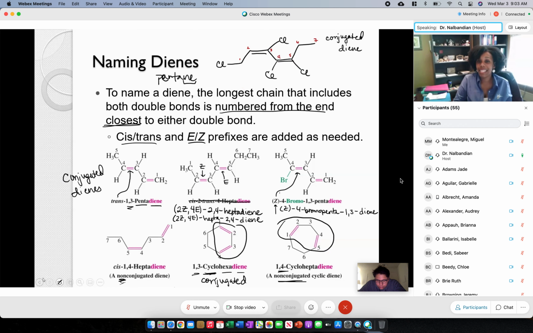Do we have E/Z? We have E/Z for both of them. So for this double bond, hopefully you can see at this point, I don't need to go through that. This is E, and this one is Z. So for the full name here, it would be 2E, 4Z, 1,3,4,5-tetrachloro, and then we can do 2,4-heptadiene, or we can do hepta-2,4-diene.